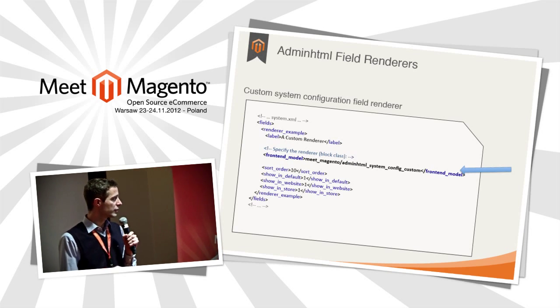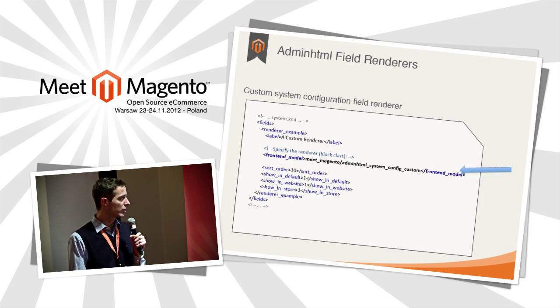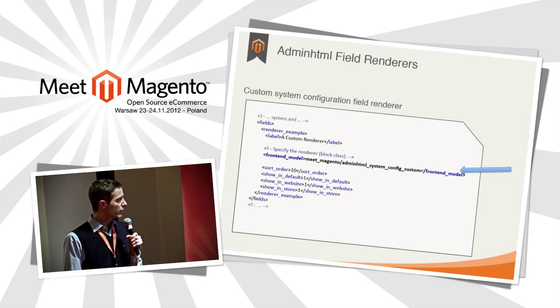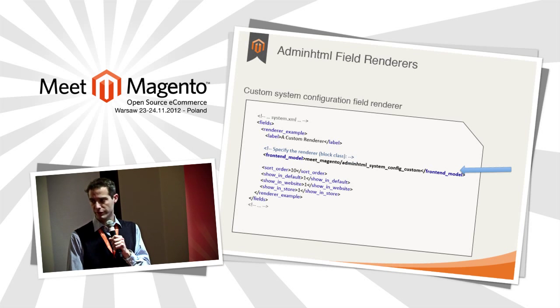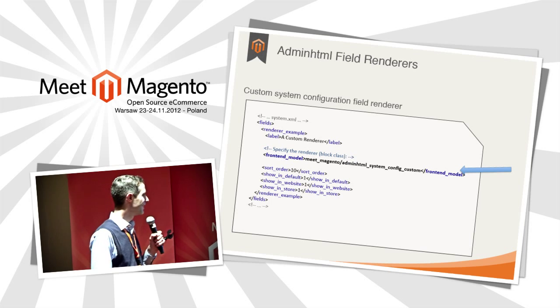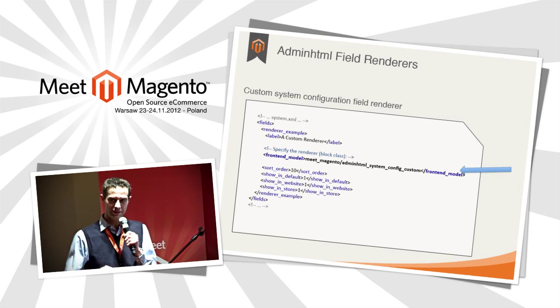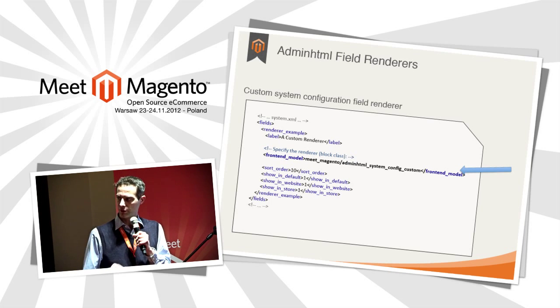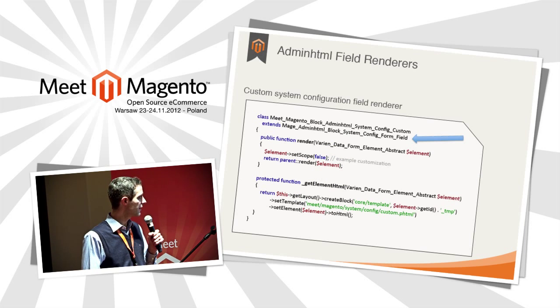Now, to customize it, all I need to do is specify the frontend model. The frontend model actually is a block class. That confused me for a while, but it's a block. Otherwise, it's the same thing as before for the standard renderer.